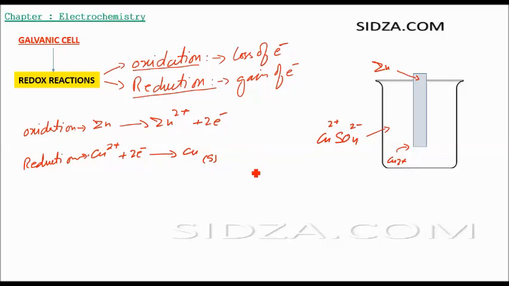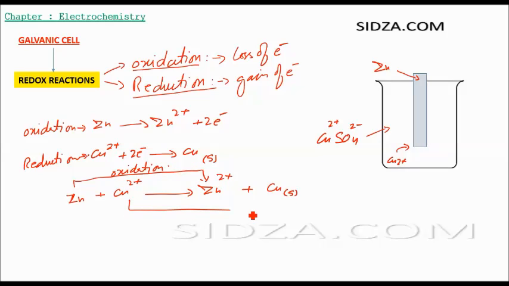Overall this is the redox reaction, and when we add the two reactions, we can find the net reaction. The zinc reacts with the copper ions, the zinc loses electrons to form Zn2+ ions, and the copper ion accepts electrons to form solid copper. So the zinc gets oxidized, this is the oxidation, and the copper undergoes reduction, gaining electrons.